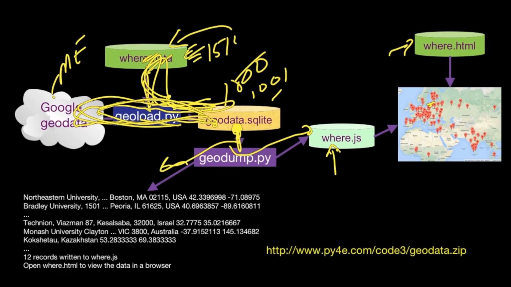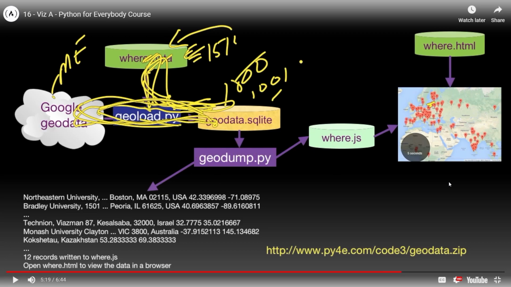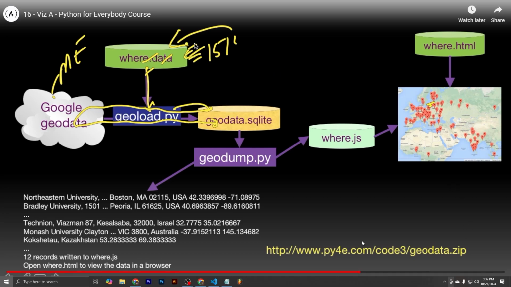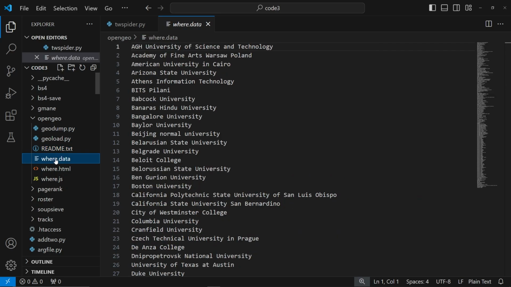Assignment statements in the JavaScript, and then when this HTML loads, it reads this file and puts up all those pins as long as you have access. Okay, what does this say? Because now that we can actually look at this, let's actually look at this. Okay, how many did I just hit? 1, 2, 3, 4, 5, 6, 7, 8, 9, 11, 12, 13, 14, 15. Where.data? Let's see that. Where.data? Haha! This is it!